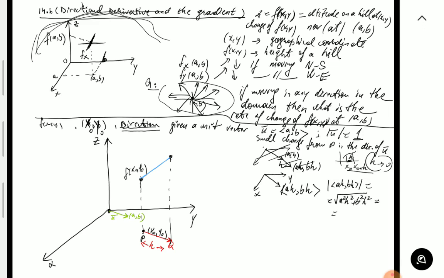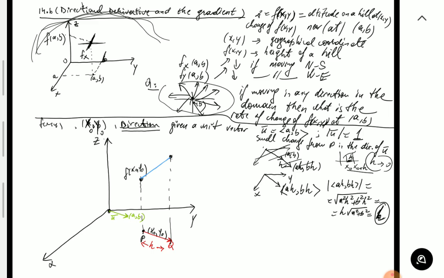We can pull h squared out of the radical. And because I chose a unit vector, and I hope you see the convenience of it, this is going to be h times 1. So again, in component form, if (a, b) forms a vector of length 1, (ah, bh) will form a vector of length h.